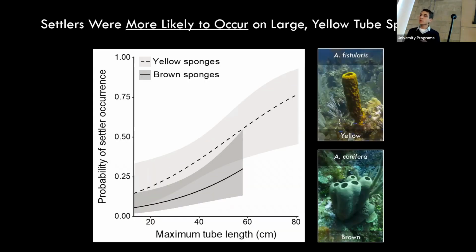So here we have the probability of settlers occurring on a tube sponge by the maximum tube sponge length. And what we can see here is that settlers were more likely to occur on large yellow tube sponges than they were on small sponges or brown sponges. So that gave us an idea of their distribution.